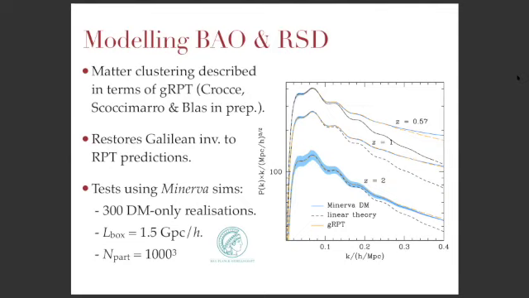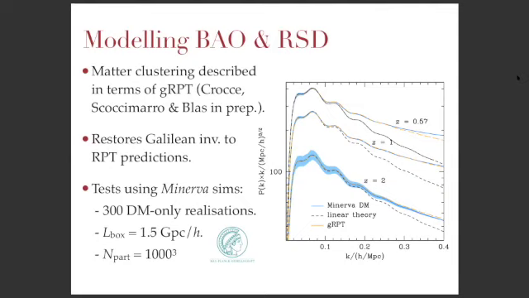The resolution of these simulations is modest, maybe, but this is enough to resolve the halos that host the BOSS galaxies, and that was the goal of the project. Okay, so then you see that the predictions from GRPT actually give a very good description of what we find in the simulations up to a k larger than 0.2.